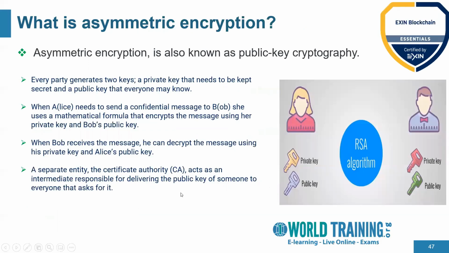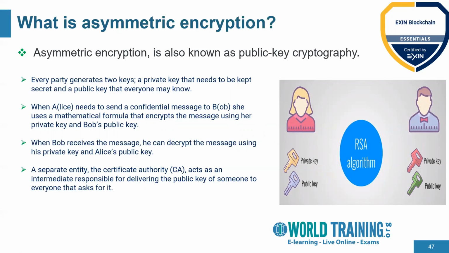Now, what is asymmetric encryption? Asymmetric encryption is also known as public key encryption. Let's look deeper into why it is called public key encryption. Every party generates two keys.